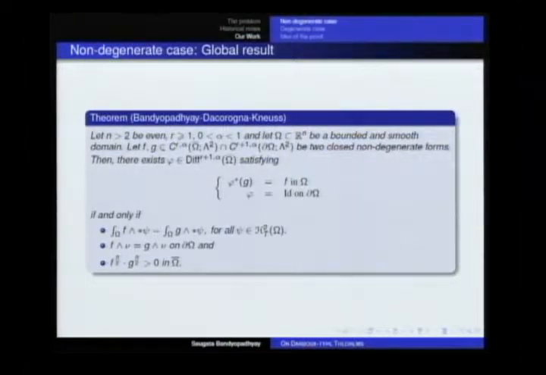Now the technique that we have used to prove this result leads to a very curious local result, which we'll state now. This is the good old Darboux theorem, but with sharp regularity.